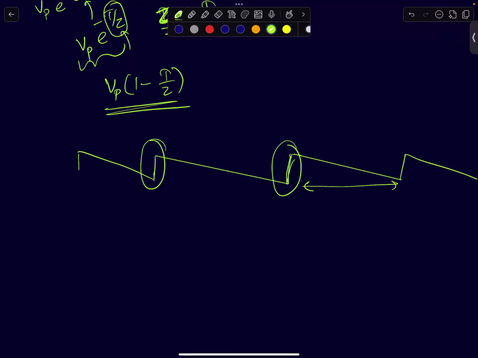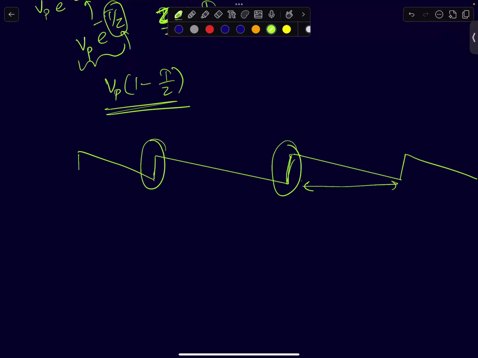Now, keep this in mind. Let's say you have this capacitor and a resistor circuit like this. If I tell you the average current flowing through the capacitor is greater than 0, what do you think will happen to the voltage across the capacitor?